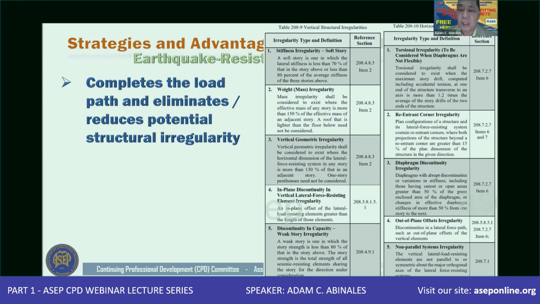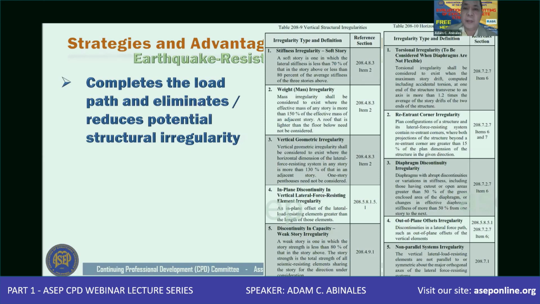So what you see on the right side of the slide is a table from the ASEP 2015, in particular tables 208-9 and 208-10, which discuss the vertical structural irregularity and horizontal structural irregularities, respectively.